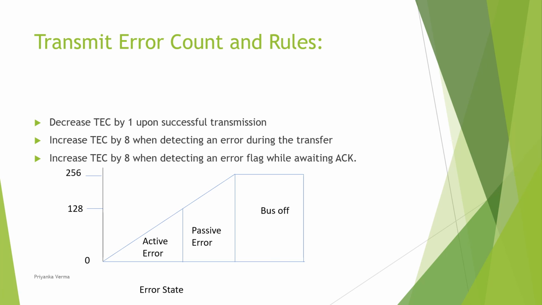It can be no acknowledgement or a negative response to the acknowledgement. And this is how, as we have seen earlier, from 0 to 128 the error is active. From 128 to 256 the error goes passive, and after 256 the bus goes off and a signal is sent to reset the CAN controller.